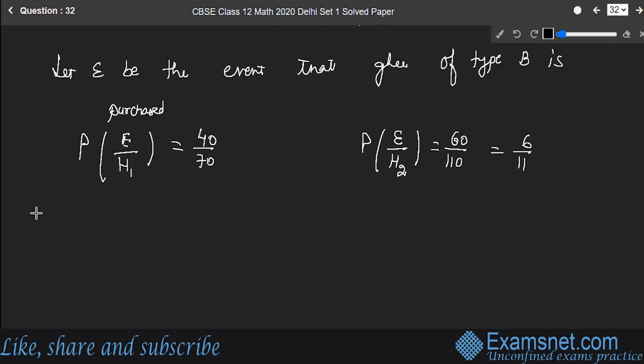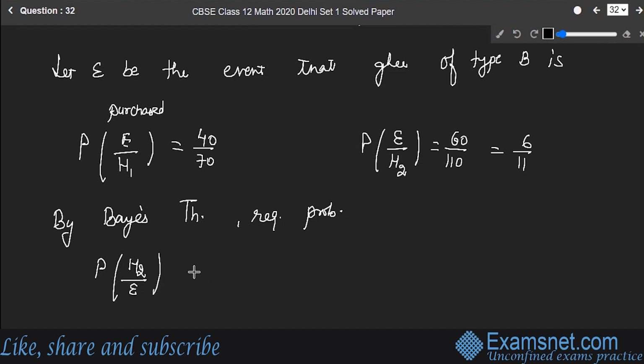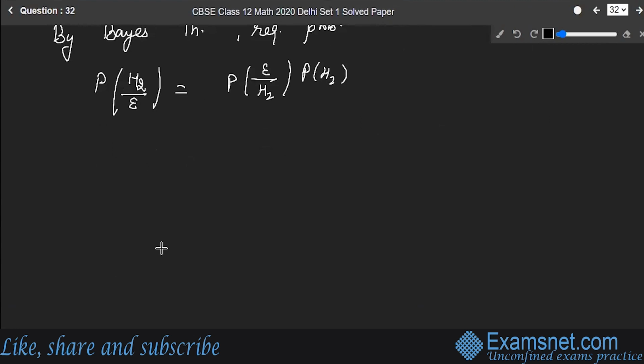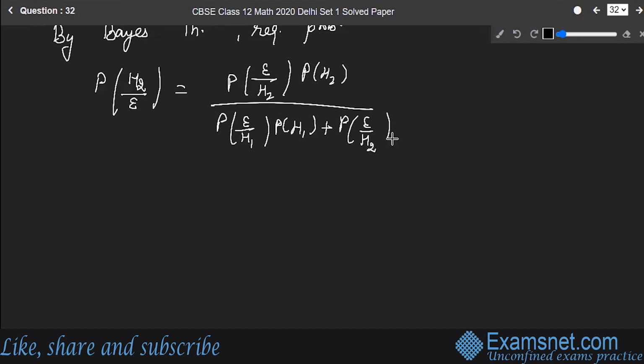Okay, now I'm going to use the Bayes theorem to solve it. So by the Bayes theorem, the required probability that type B ghee is purchased from the Y store is given by P(E|H2) into P(H2) whole divided by P(E|H1) into P(H1) plus P(E|H2) into P(H2).